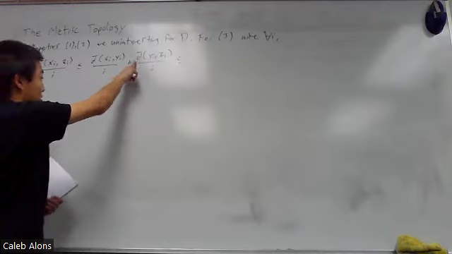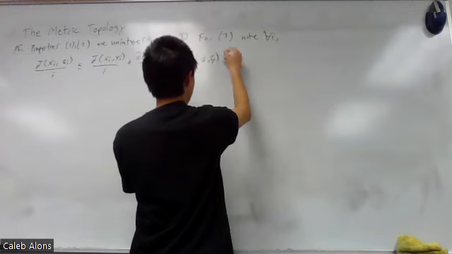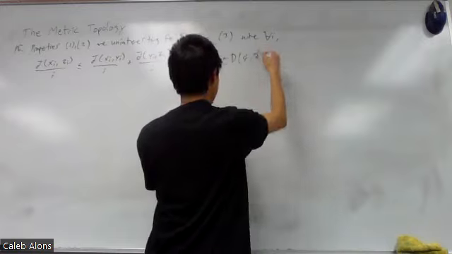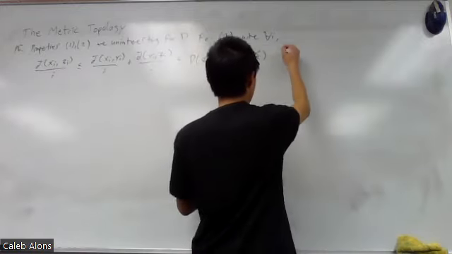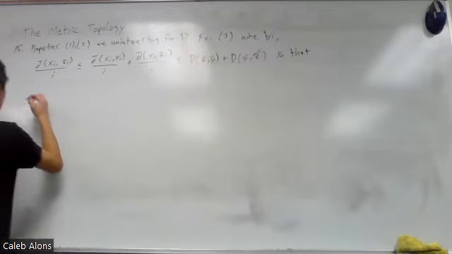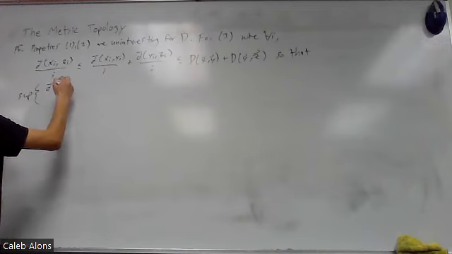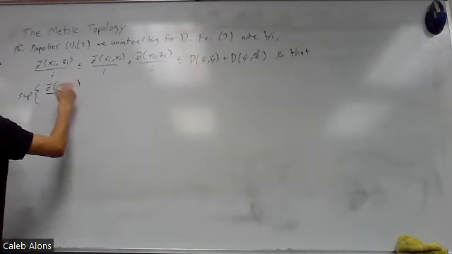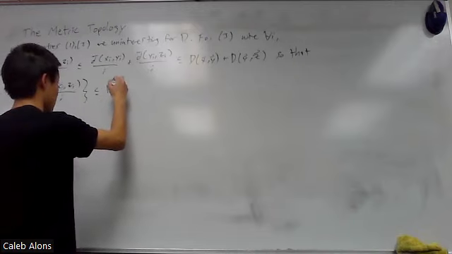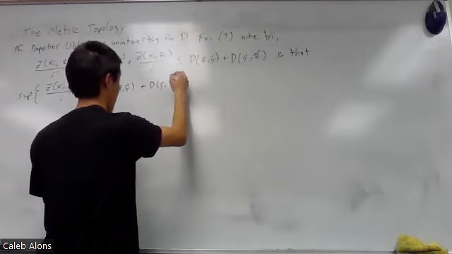We get this from this being a metric, so we already know that. Then the supremum of d(x_i, z_i) over i is going to be less than or equal to D(x, y) plus D(y, z).